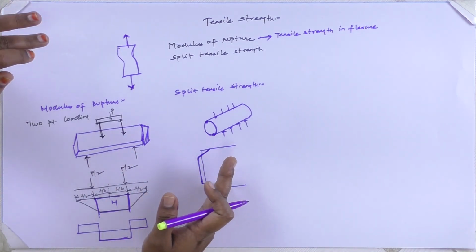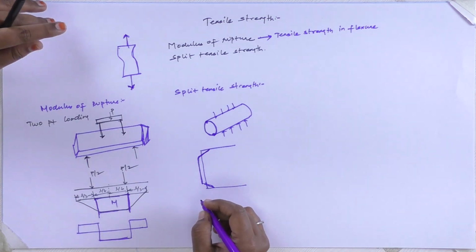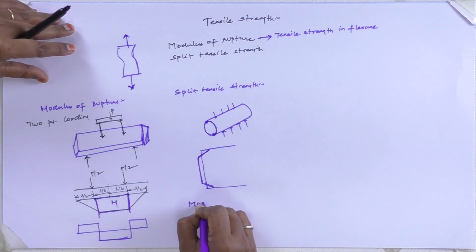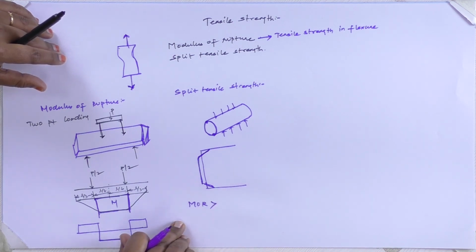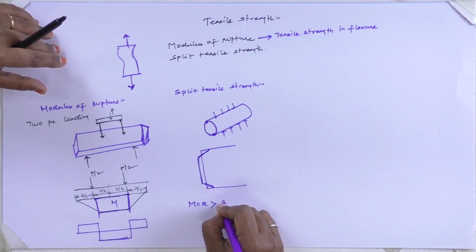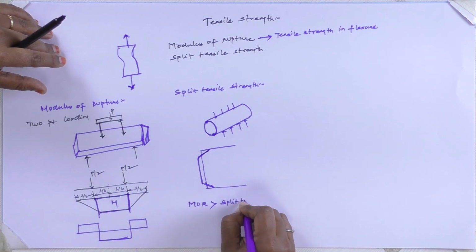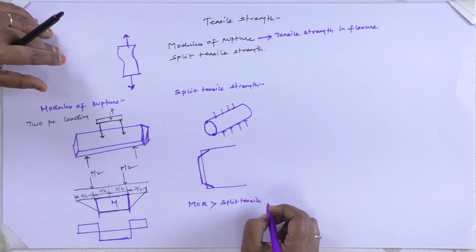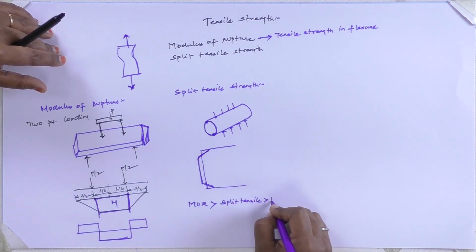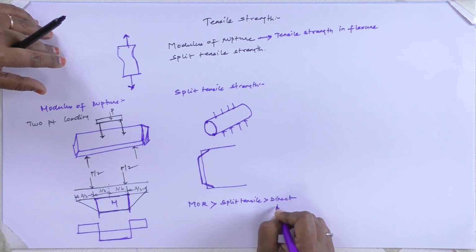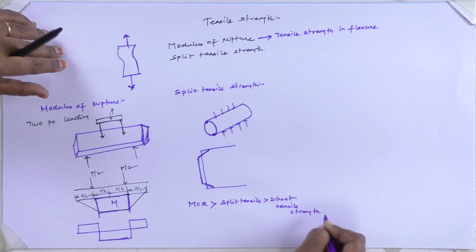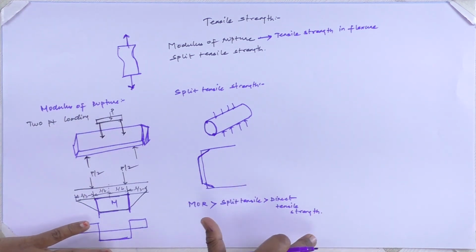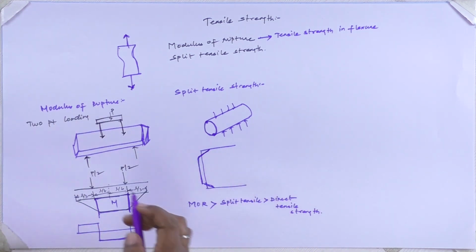While doing so, this modulus of rupture will give a higher tensile strength value compared to split tension, and this split tension also will be somewhat higher when compared to direct tensile strength. But somehow I will be getting the tensile strength of concrete.